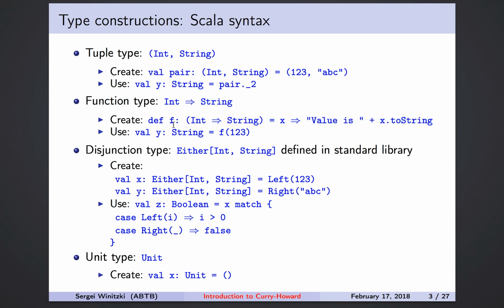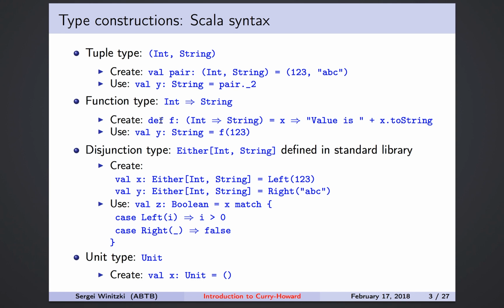How do we use the function? So here we created a function value of this type. You could actually also say val f instead of def f in Scala. But Scala has certain limitations, and sometimes you have to say def, especially when the function has type parameters.